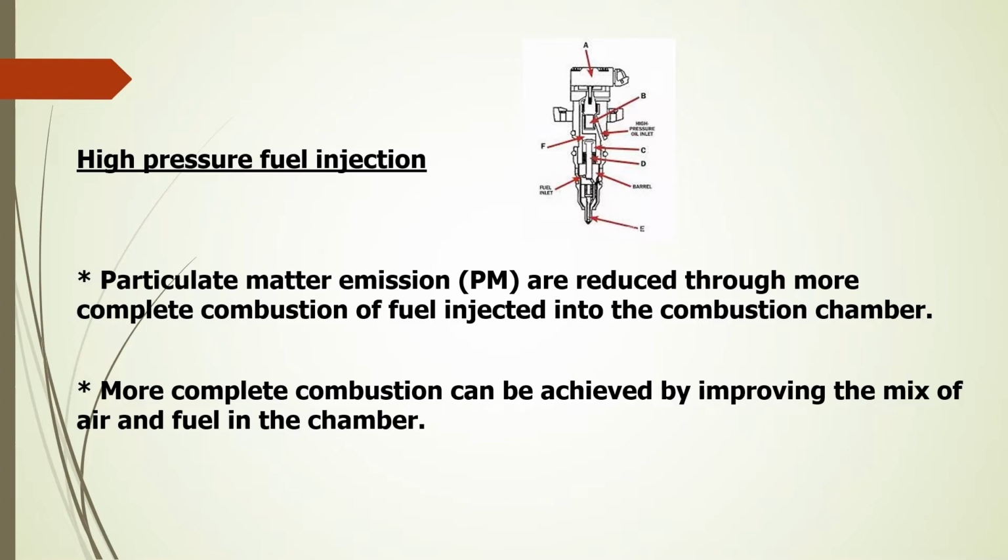Modern high pressure fuel injection system will force the fuel into the combustion chamber through a smaller diameter hole at higher pressure. This will cause the fuel to break down into tiny droplets and therefore improve the air-fuel mix to achieve a more complete burn in the combustion chamber.